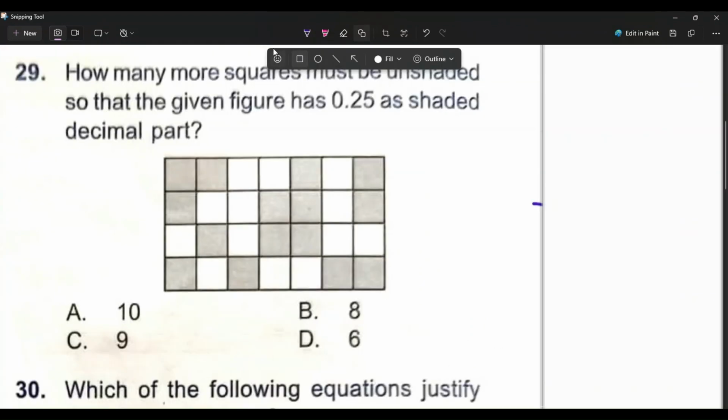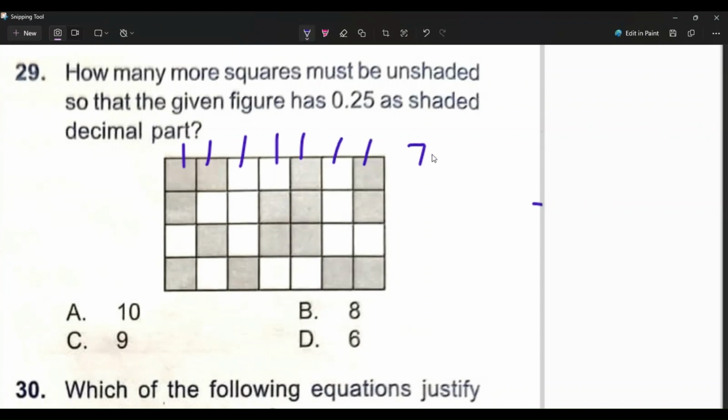29th question. How many more squares must be unshaded so that the given figure has 0.25 as shaded decimal part? How many total number of squares are there? So let's count number of columns: 1, 2, 3, 4, 5, 6, 7. So number of columns are 7.